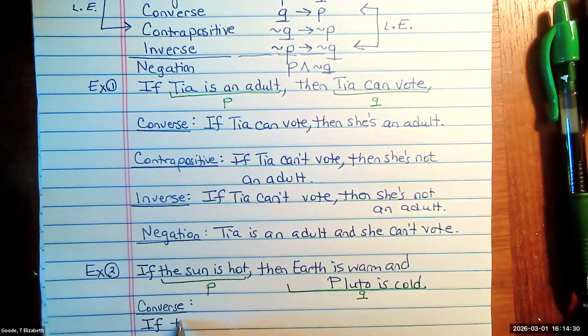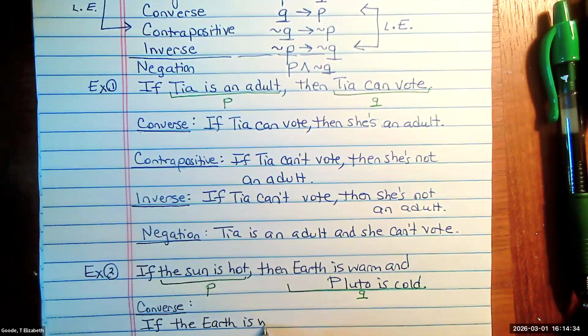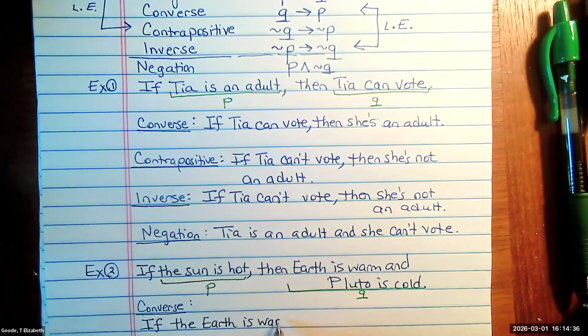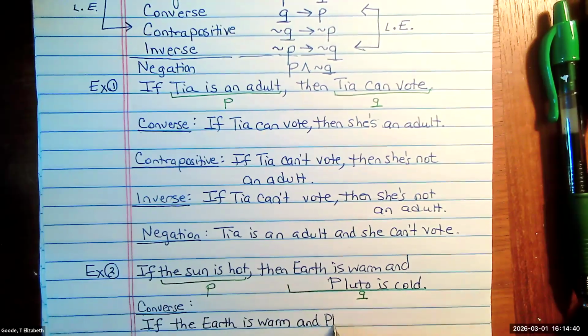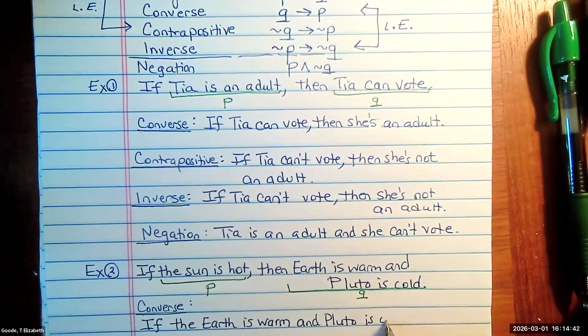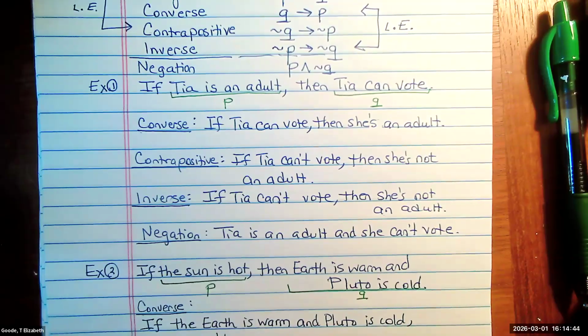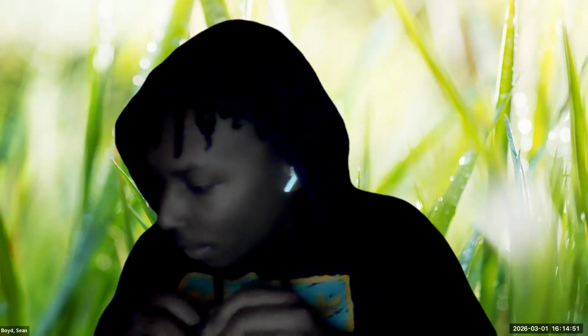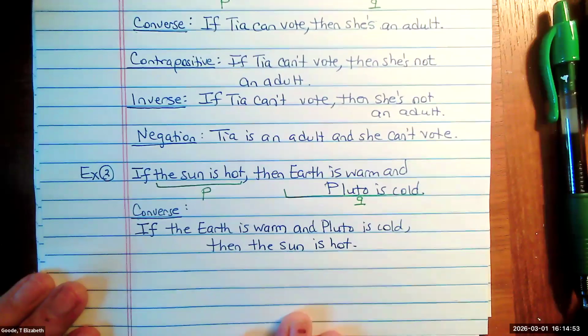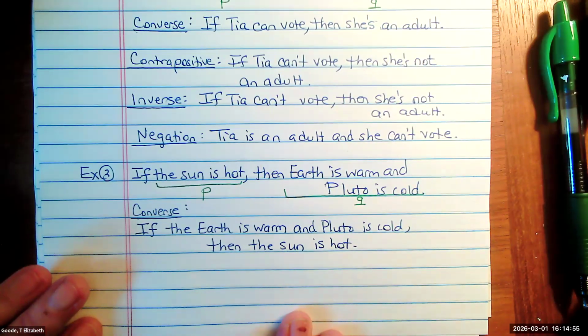If the earth is warm, maybe you said Q and P, but we need an if-then. If the earth is warm and Pluto is cold, then the sun is hot. Do you see what I'm trying to say? Yeah, that makes sense. You need an if-then. The only one that's not going to have an if-then is the negation.